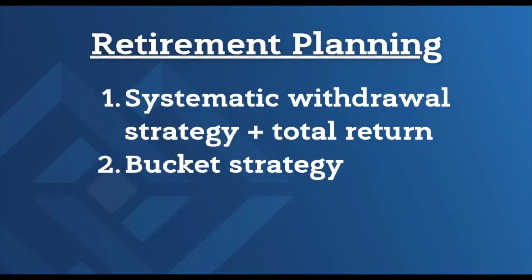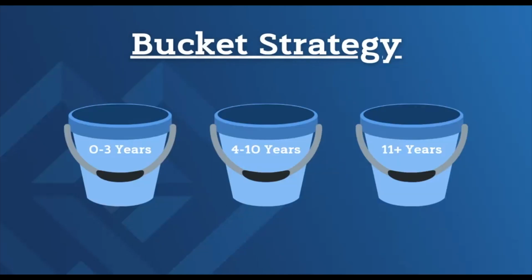The second approach I'll mention is called the bucket strategy. This involves dividing the investment portfolio into different buckets based on time horizon, meaning when the funds are expected to meet the retirement income needs, just like we've talked about giving every dollar a use-by date. The first bucket may hold cash equivalents and short-duration bonds to provide short-term stability for income needs within the next 3 years, specifically avoiding stock market risk.